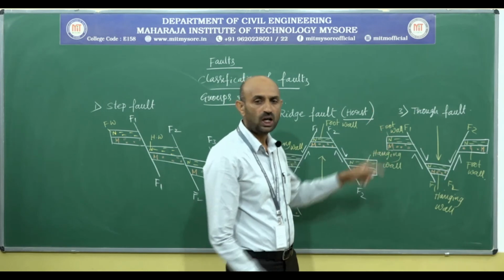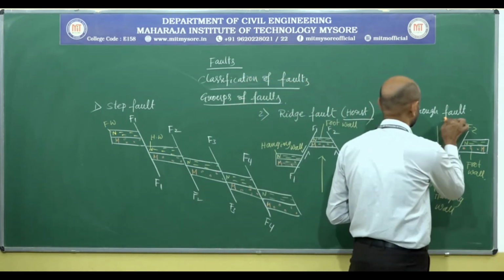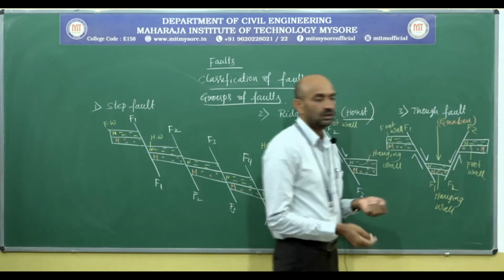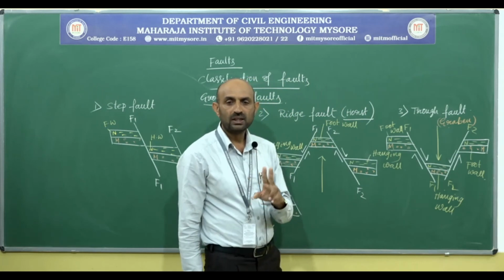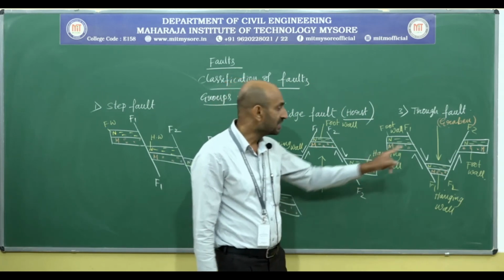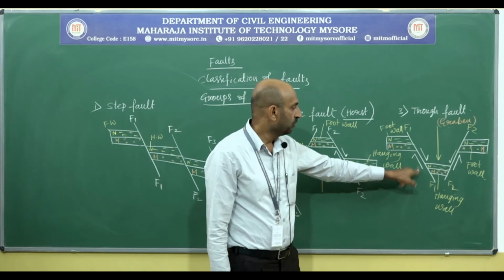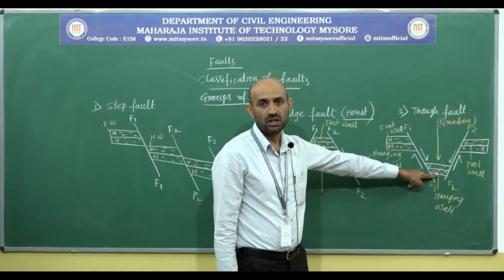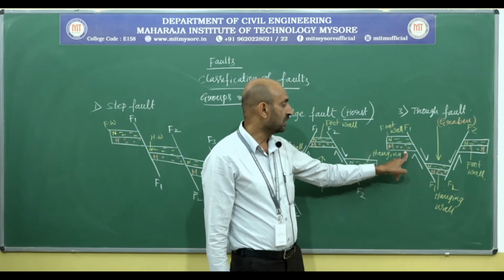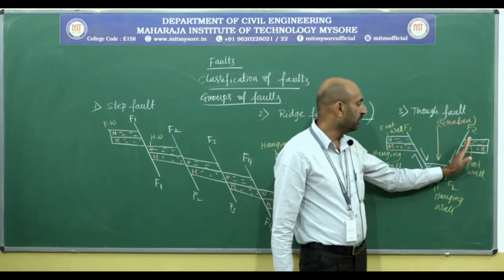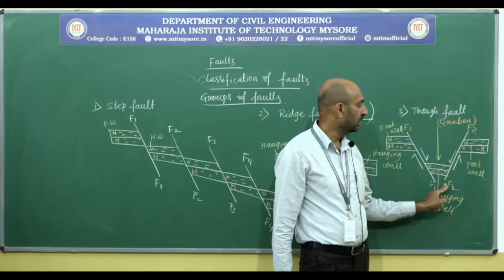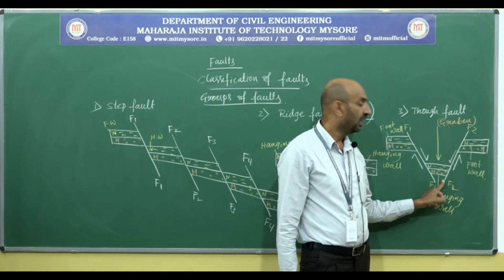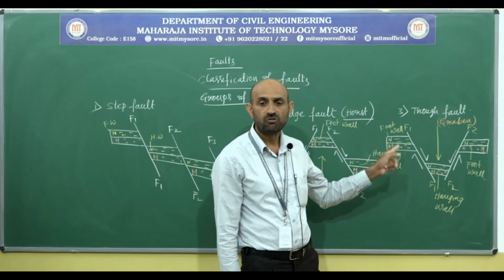Trough fault is also called graben. We find a pair of normal faults again in the trough fault. When we consider F1, the downthrown block becomes the hanging wall. Upthrown block becomes the footwall. Here also, when we come to the F2 fault plane, the upthrown block becomes the footwall, the downthrown block becomes the hanging wall.